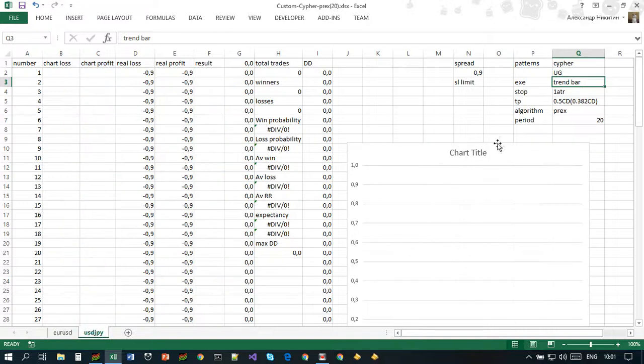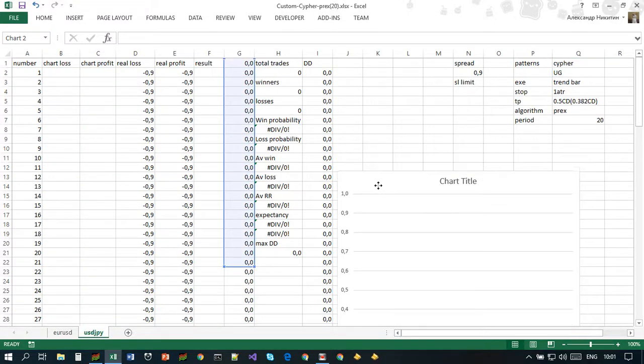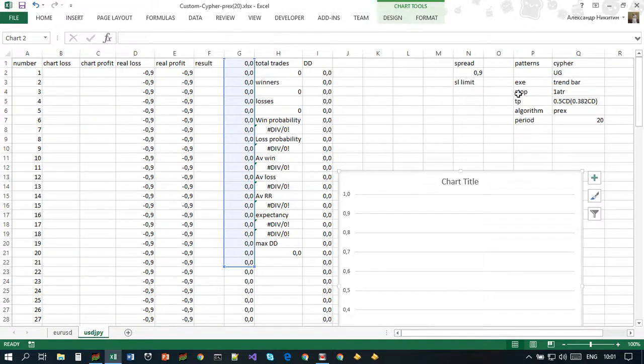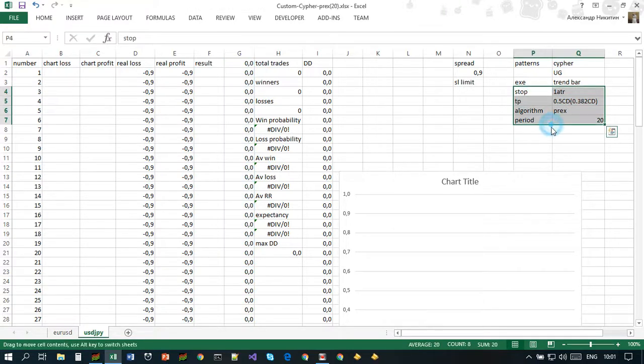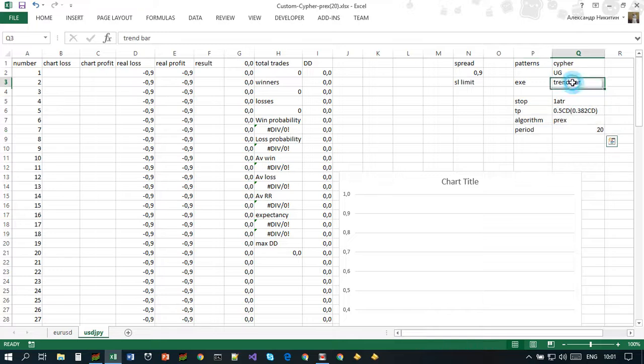But on dollar-yen, it's not that simple, because dollar-yen provides slightly different reversal types, and these reversals are more likely like double tops and double bottoms. So the execution should be adjusted to this, let's say, pair's personality.